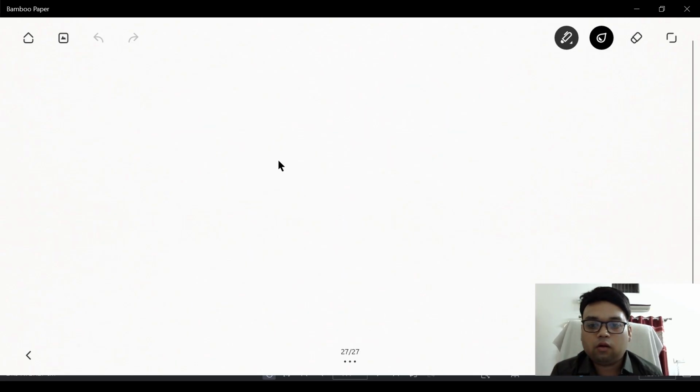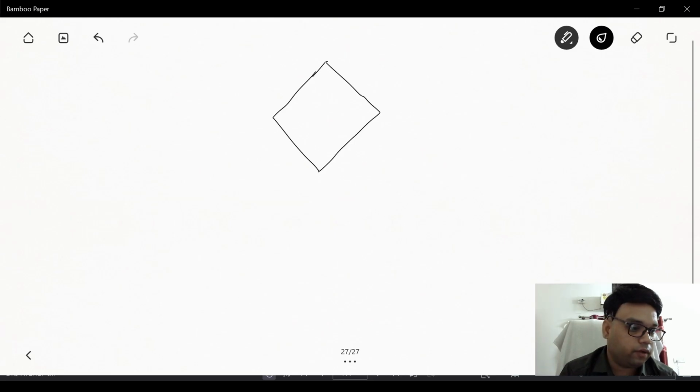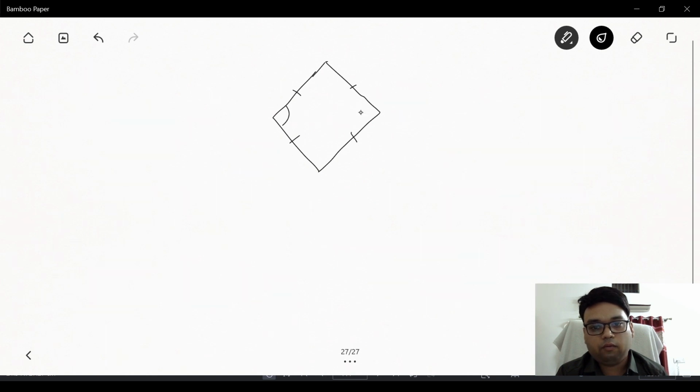The question asks for a quadrilateral, not a parallelogram. To be a parallelogram, the opposite sides will be equal and opposite angles will be equal.